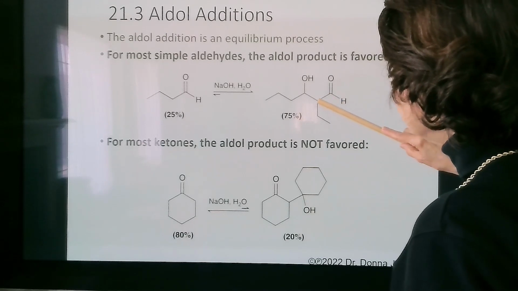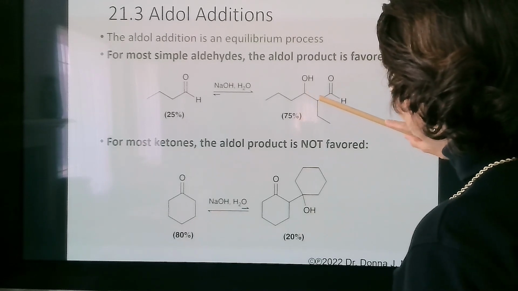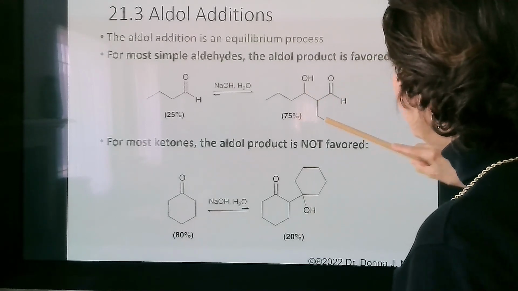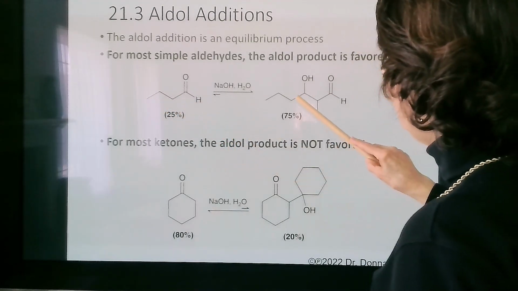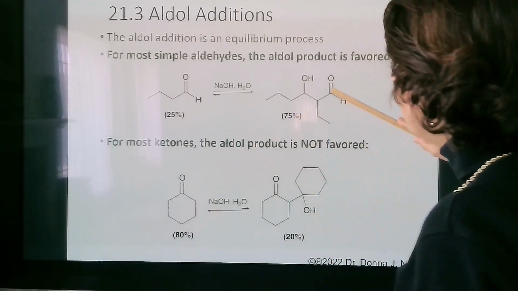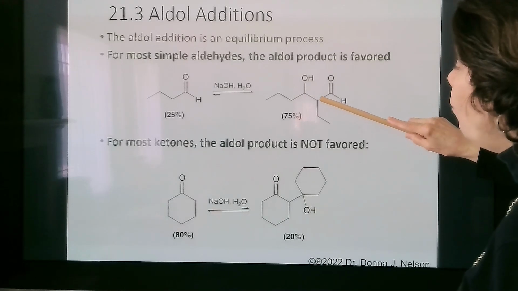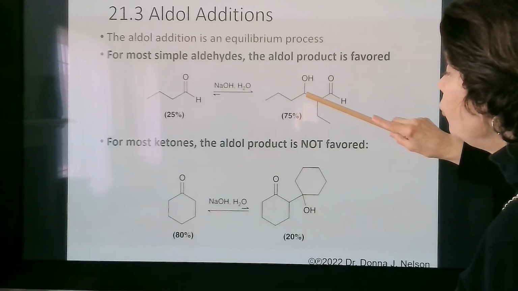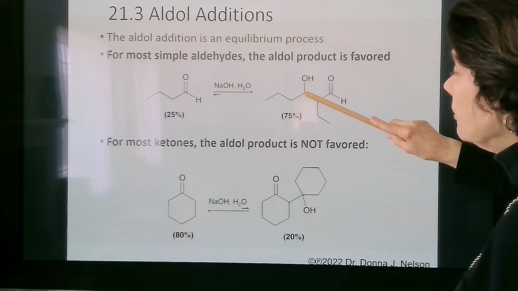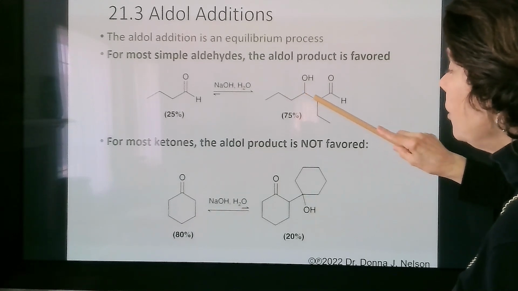So the new bond has been formed here. You can see 1, 2, 3 carbons. 1, 2, 3 carbons. So the alpha carbon of 1 aldehyde has become attached to the carbonyl of another aldehyde. Okay, so here is the new bond.